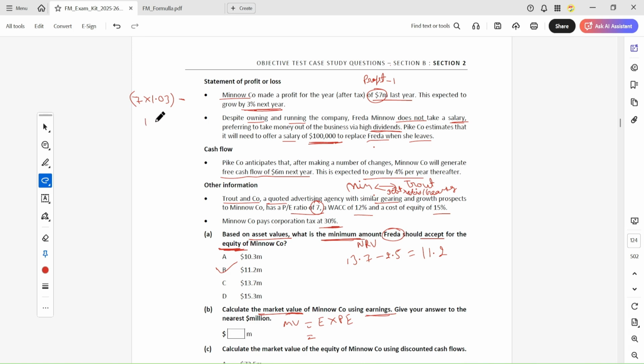Now out of this we have to reduce the salary we are paying, and this salary must be after tax. So this will be the cash flow of 714, and the P/E ratio is 7.